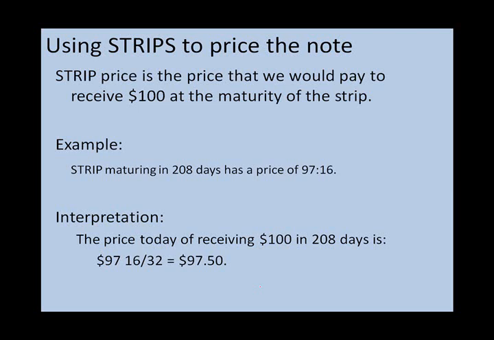The interpretation of that is that the price today of receiving $100 in 208 days time is going to be equal to 97 and 16 divided by 32. 16 divided by 32 is equal to a half. So the price today of receiving $100 in 208 days time is $97.50.